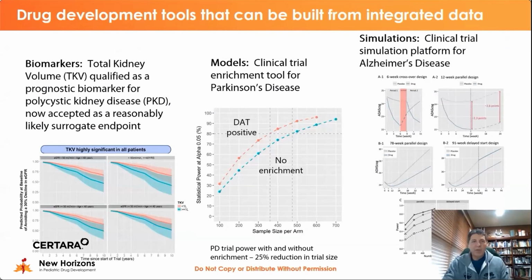What I'm showing on this slide is just a snapshot of some of the analytics that are currently available in the system. These are connected to the platform so that you can index both models and data sets. And clearly, this is something that we're expecting to expand. So the early work in a number of these rare diseases, and in this case, I'm showing some examples of Parkinson's and Alzheimer's where we have mature tools, not necessarily rare diseases, but it gives you an idea of the types of things that can and will be built for this target population.